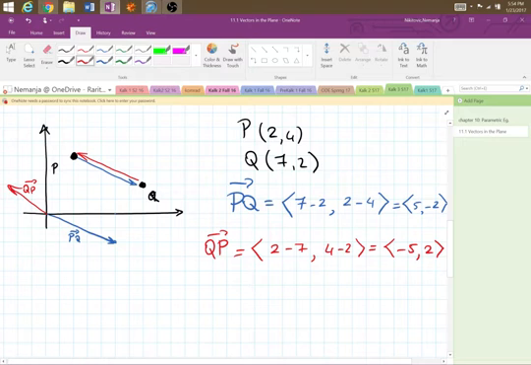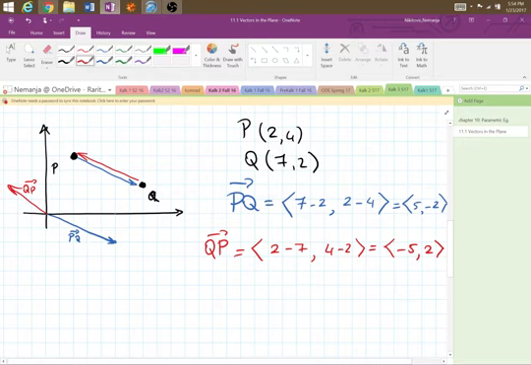So these two vectors are not the same because they don't have the same angle. They have the same magnitude. And in terms of the angle, they're 180 degrees apart, which means they are completely opposite of each other. So this is where we can claim that PQ is equal to the negative QP.